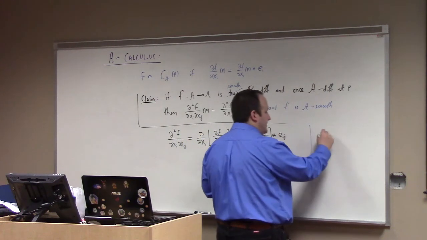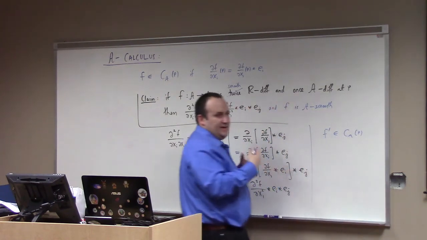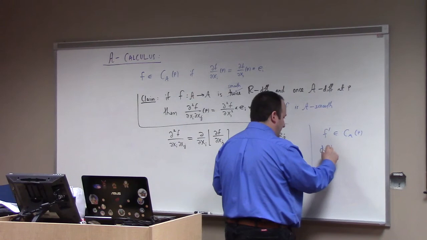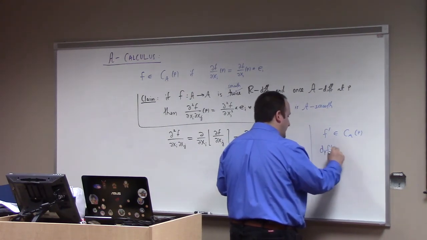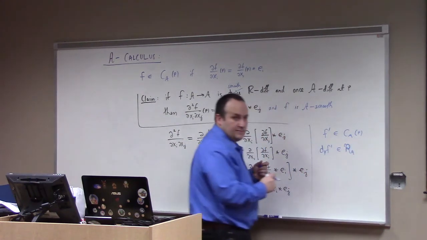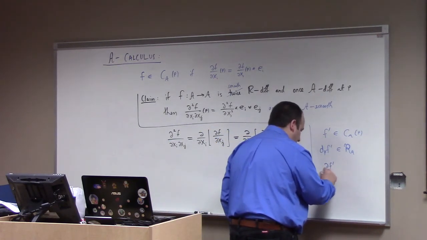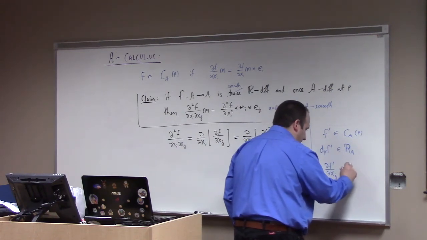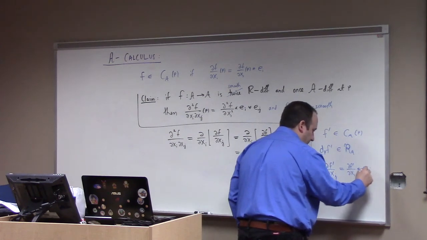To get that f prime is in C-A, what would I need? I would just need to prove that dP f prime is in the regular representation of A, which would be equivalent to the Cauchy-Riemann equations: partial f prime over partial xj is equal to partial f prime over partial x1 times ej.